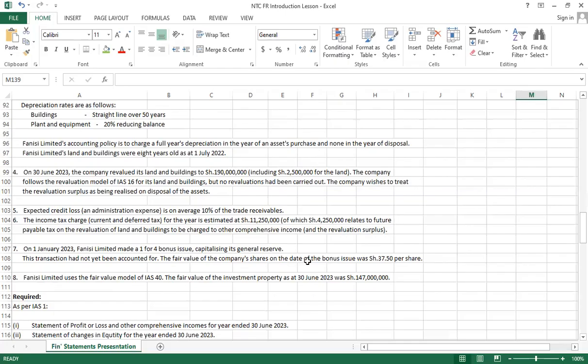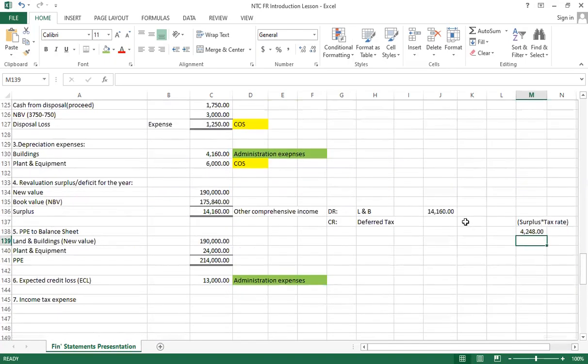So the question already computed for us the tax on the revaluation, which is 4,250. So ideally, you debit the asset revalued, in this case the land and buildings, and correspondingly credit the tax on the surplus, which we are told is 4,250.